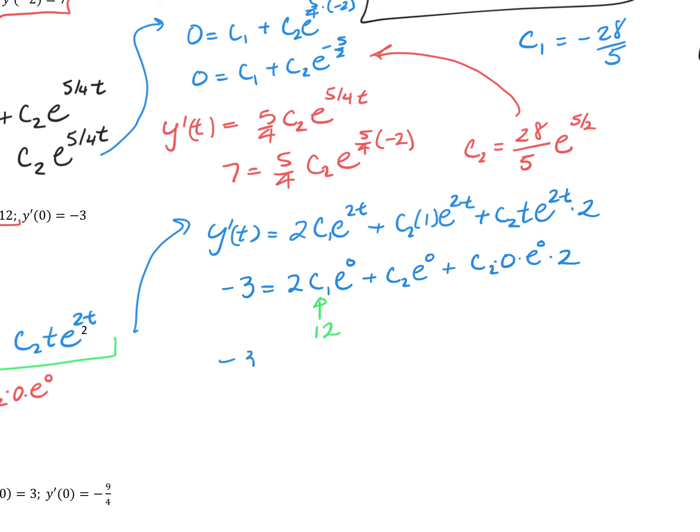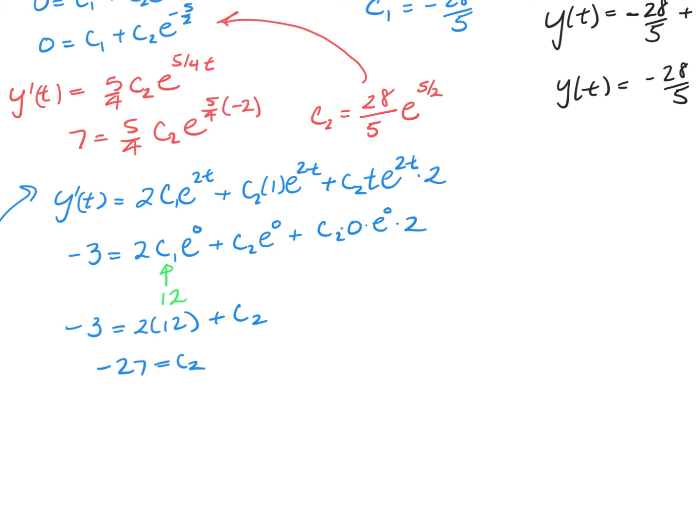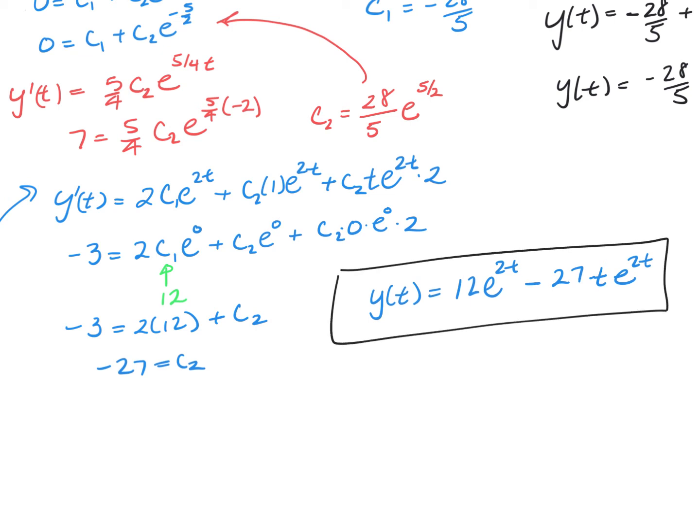So I have -3 is equal to 2 multiplied by 12 plus c sub 2. So that tells me that -27 is c sub 2. So then my particular solution is y of t is equal to 12e raised to the 2t minus 27t e raised to the 2t. And that is my solution.